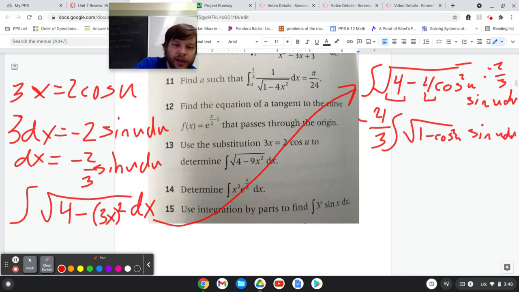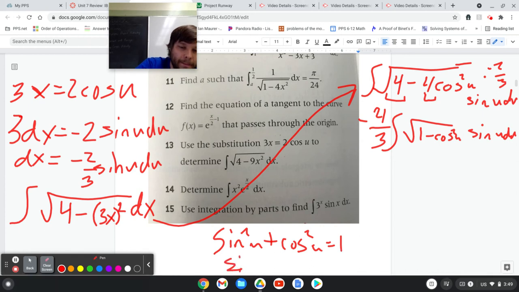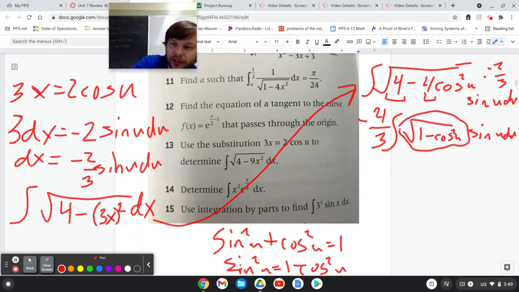Here's another nice thing. We know for all triangles forever that sine squared of u plus cosine squared of u equals 1. And this means that if we do 1 minus cosine squared u, it's sine squared u. Sine squared u equals 1 minus cosine squared u, which we can use then to substitute this piece right here, which is really just another version of sine.